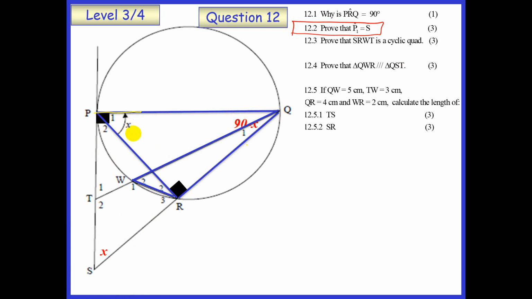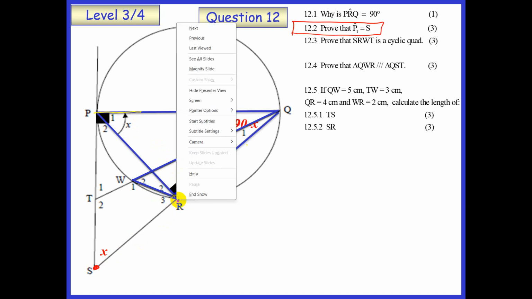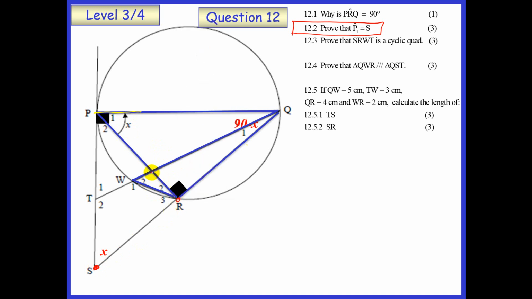What I've done there was, if you look at the blue, P1 is equal to X. And we are trying to prove that SRWT is a cyclic quad. I'm going to highlight those four points. If you look at my blue highlight, if you didn't see it as yet, angles in the same segment. You'll notice that P1 is equal to W, sorry, let me get that right.